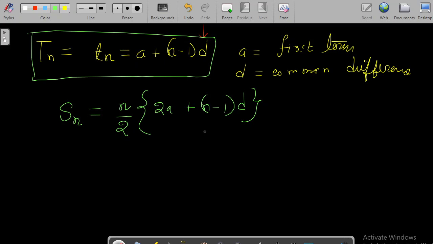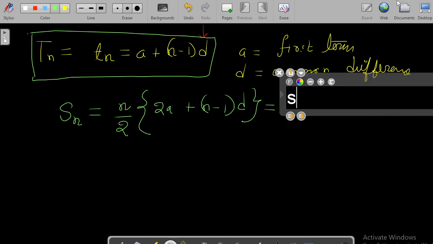This is the formula for the sum of the first n terms of the AP.